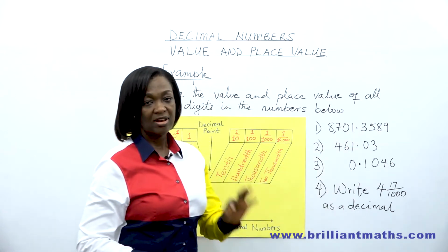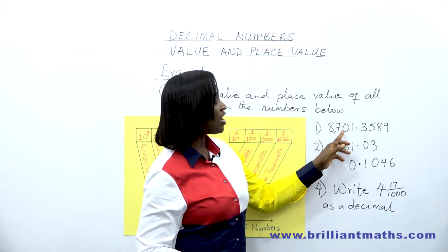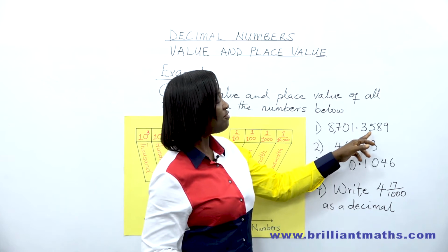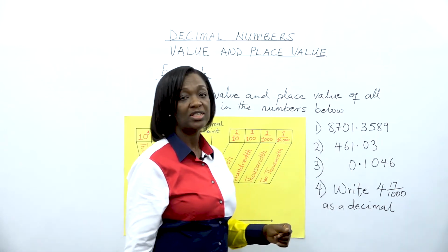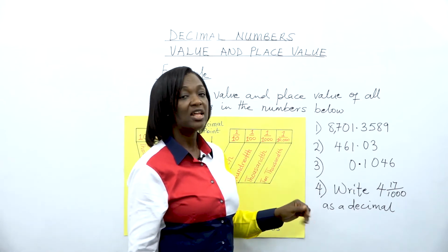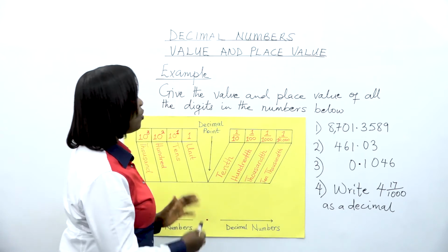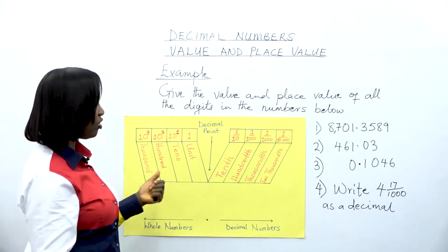8,301.3589. Listen to how I called out the number. I called it 3589 because they are all decimal numbers and they are less than 1. We want to put that number on the place value chart that we have on the board.